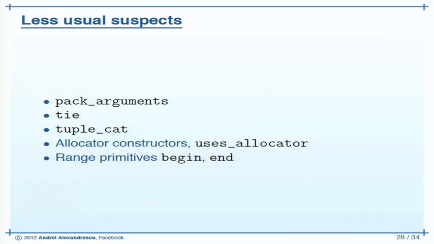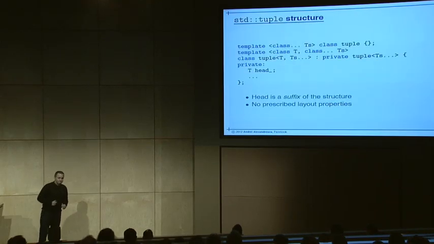Not so usual suspects, I'm not going to discuss so much because I'm going to focus on get. We have pack arguments, tie, tuple_cat, allocator constructors, uses_allocator, and some range primitives, begin and end. I'm not sure everybody implements all of these.